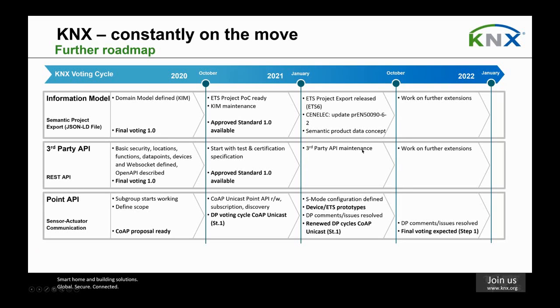We are bound to find some glitches that we will have to improve. And after that, of course, this will never be a final project. This will be continuously improved and extended following needs from different manufacturers.